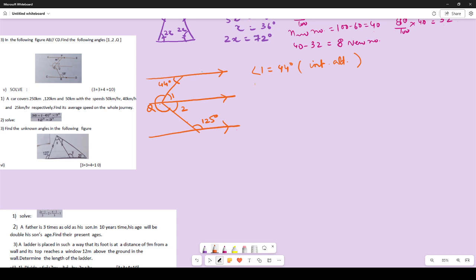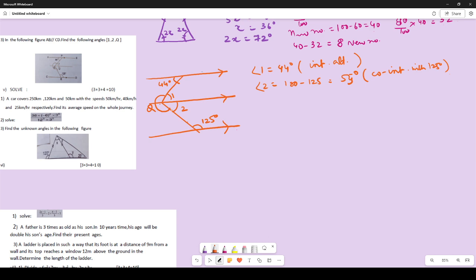Now let us look at 2. 2 and 125 are co-interiors. So 2 will be 180 minus 125, that is equal to 55 degrees, because they are co-interior with 125 degrees, right?